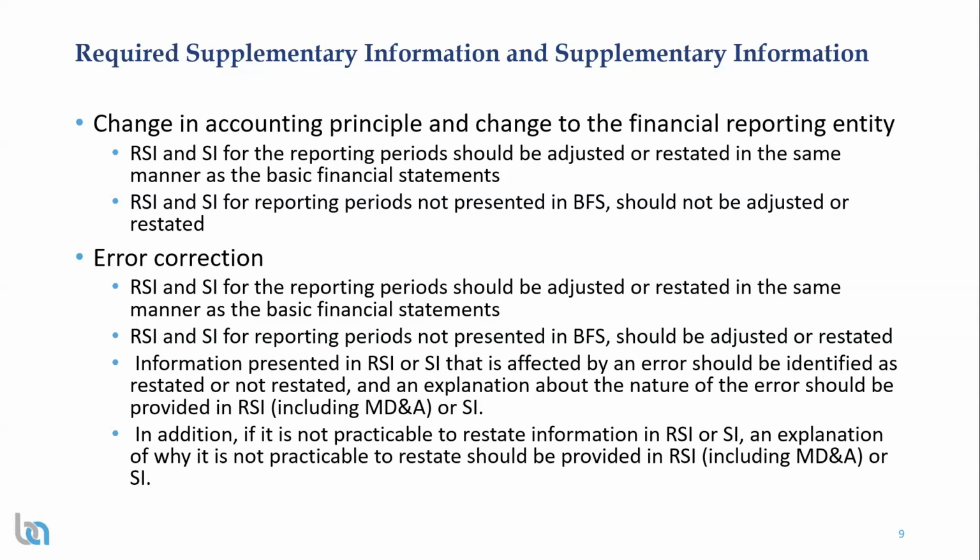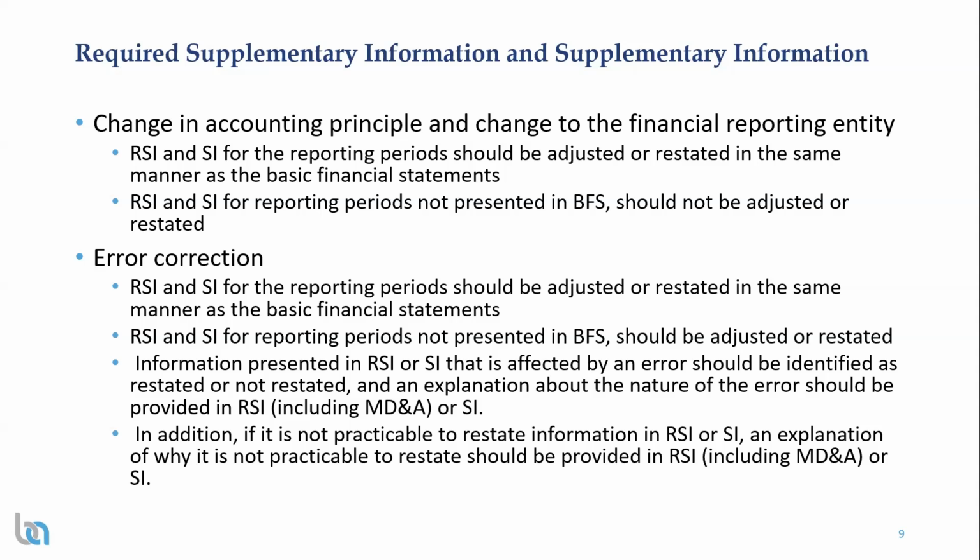But if you discover that, oh, we've been accruing revenues incorrectly for the last 15 years, you're going to have to go and adjust the 10 years in the statistical section, or if it's in the required supplementary information, to reflect what the correct numbers are or should have been.